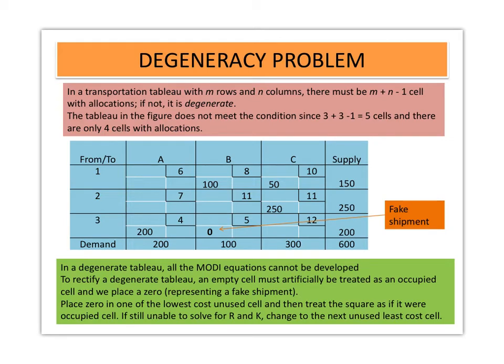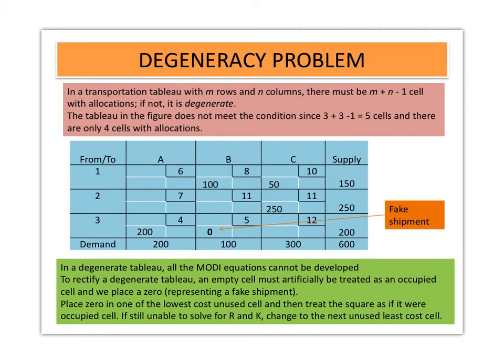Now first of all, how do we choose the cell to put in the fake shipment? Look at the cost of the empty cells. We have 5 here, we have 11, we have 12, and we have 6, we have 7. So it looks like 5 is the least cost cell. Because 5 is the least cost, we are going to put a 0 inside this cell, which represents a fake shipment.